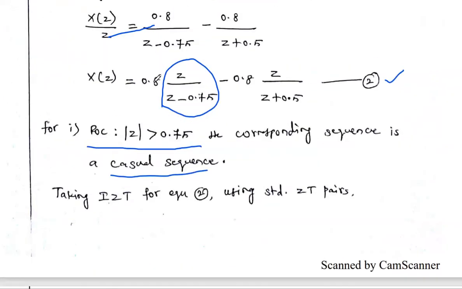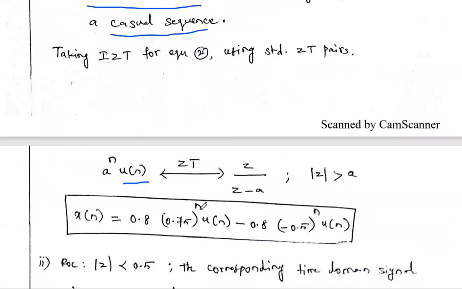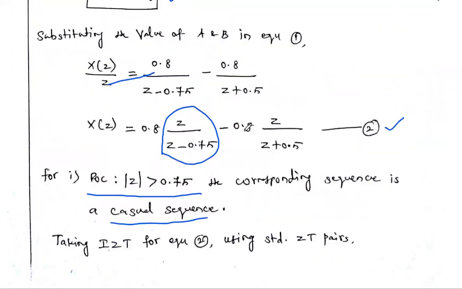Then 0.8 is a constant, so you keep it. What is the inverse z transform of z by z minus 0.75? It is 0.75 to the power n u of n. And the minus 0.8 you keep. Then what is the inverse z transform of z by z plus 0.5?